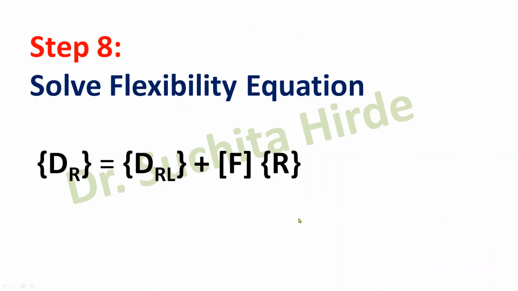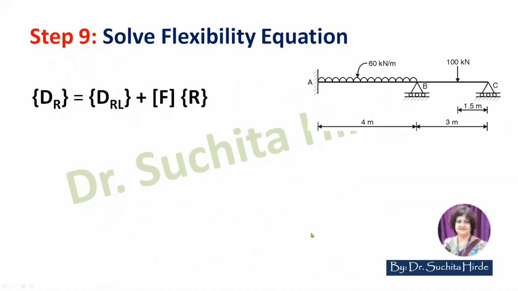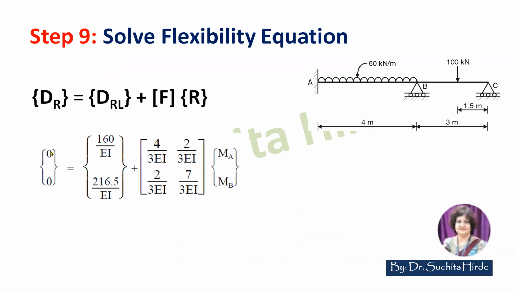So the next step is to solve this flexibility equation, which is Dr is equal to DrL plus F into R. So substitute the values. We will get it like this. 0 is equal to this DrL matrix plus F into R. R means redundant moments.